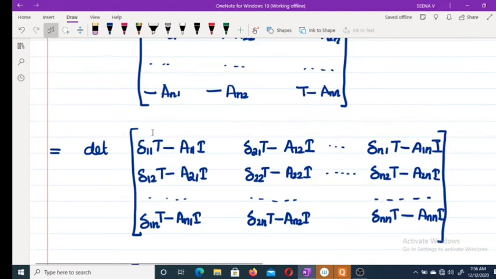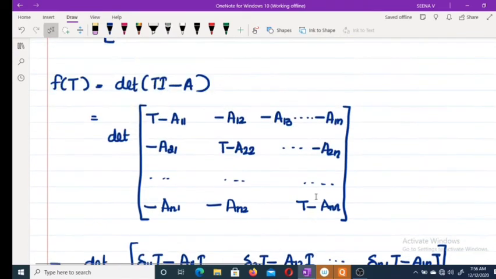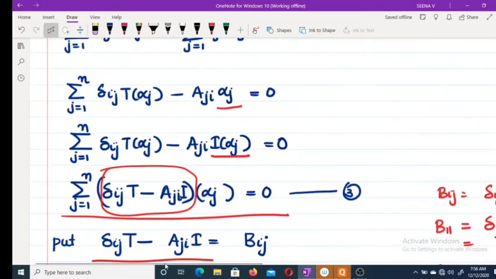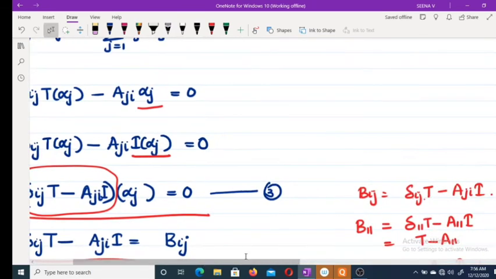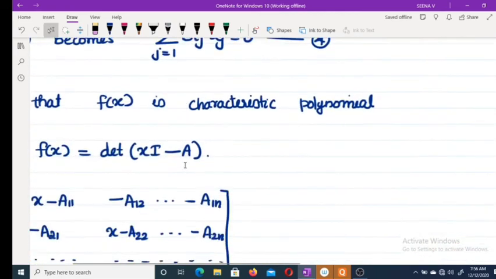This is B_11. If you look here, what is our B_11? Delta 11 T minus a_11 I.